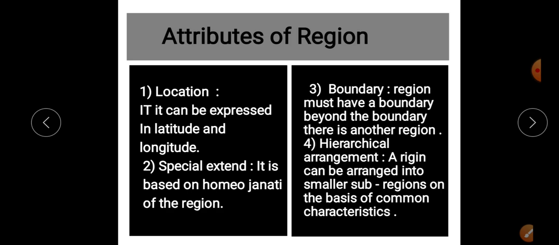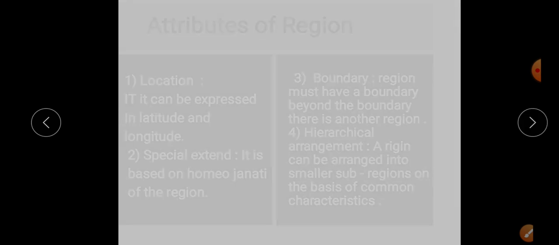So hierarchical arrangement is also a common and basic characteristic of a region, or one of the major attributes. In this way, location, spatial extent, boundaries and hierarchical arrangement are the special attributes of a region.